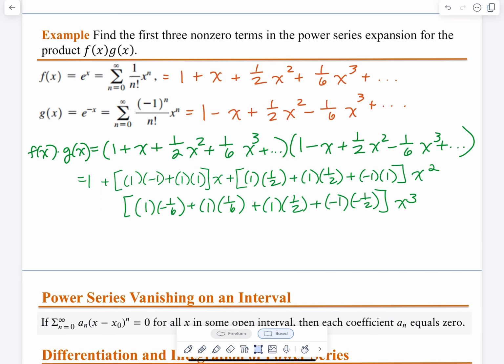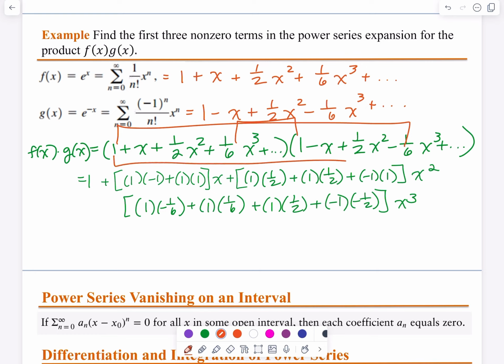Okay, and those came from, you can just go ahead and check that out, but here is our 1/6 times a 1. Here's our negative 1/6 times a 1. Here's our 1 multiplied by a 1/2, and so on and so forth, and you can check those.